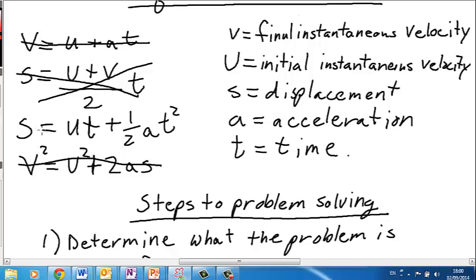This equation looks pretty good. We know the displacement, we know the initial velocity, we know the time, and we know that we're looking for acceleration, which is the only thing in this equation that we don't know. So let's use this equation to solve our problem.